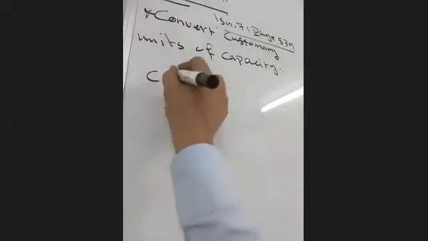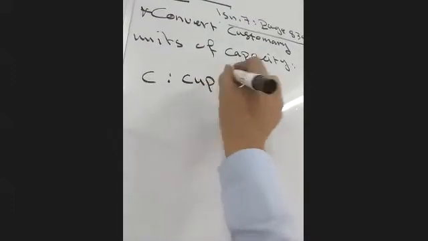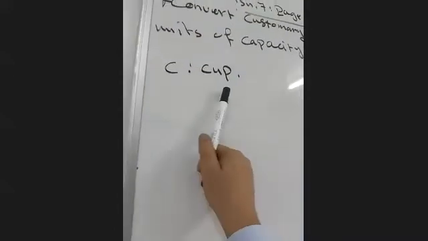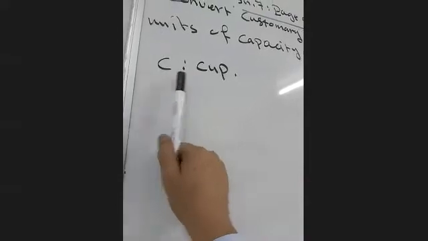Okay, so we have a lot of units of capacity, but we will talk about customary units of capacity. What are they? I will write them on the board first. The first one is C, and C is cup.